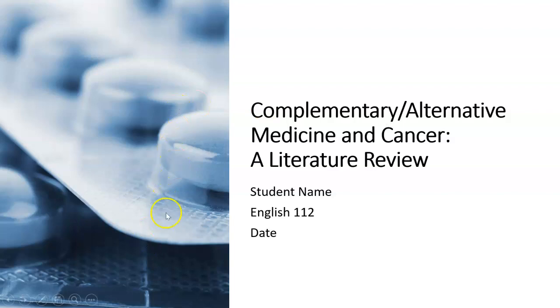It uses some visuals that are decorative, but they fall under the theme of this particular topic. They seem to match up. It's well laid out in the way it looks, with the primary focus on the words here. We've got the paper title, and we also have the student name, the class, and the date.